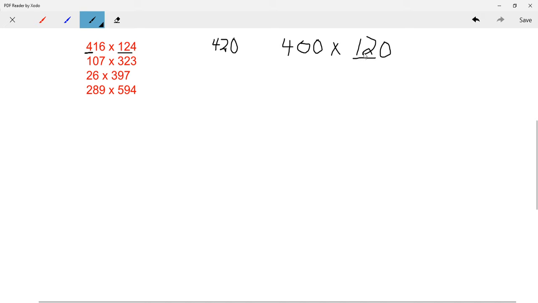So in this case, I could round the 416 to 400 and the 124 to 120 because it would be more accurate to round one of the numbers to only the tens place as opposed to the hundreds. If you're estimating using the tens as opposed to the hundreds, you're going to get closer to the real answer.